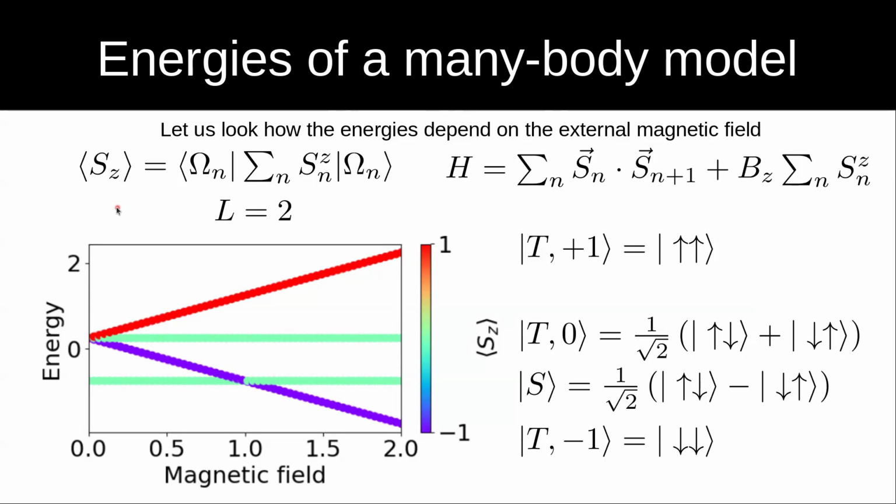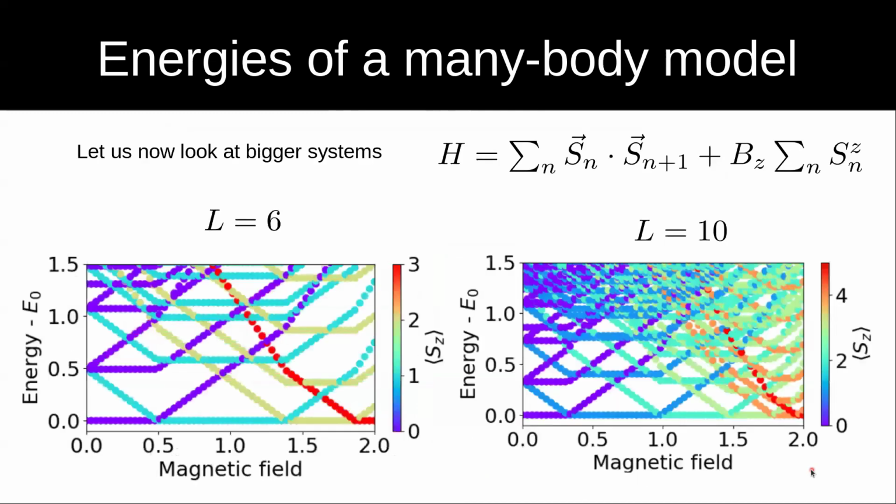So if you look at the expectation value of the z component of the spin, so the sum over all the sites, and in particular 2 in this case, you see that the state that goes up has a total spin equal to 1, the state that goes down has a total spin equal to -1, and the singlet state has 0, and the other state from the triplet also has a z equal to 0. So here you can very easily see that the evolution of these states corresponds effectively to what you were expecting from these many-body wave functions.